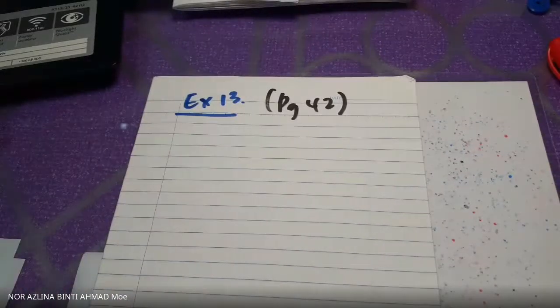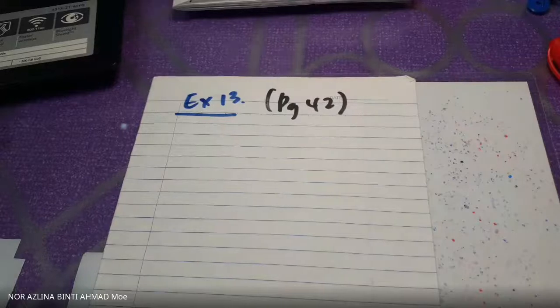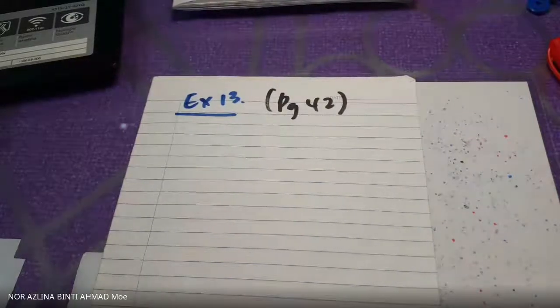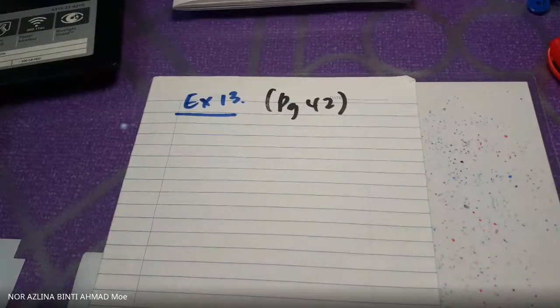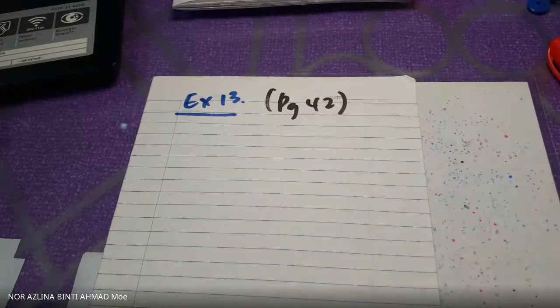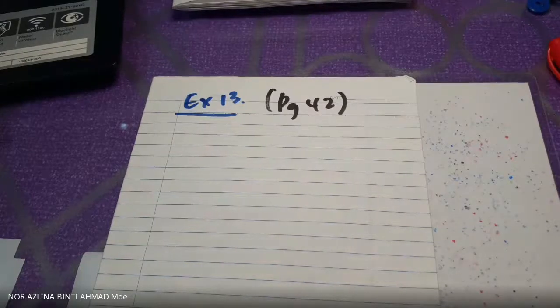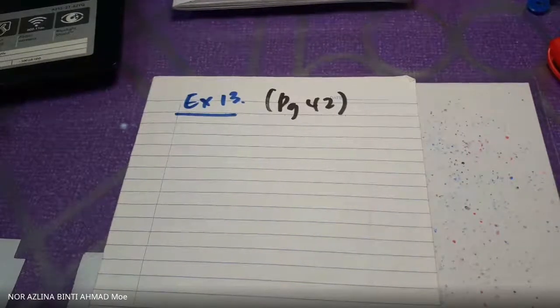Or before that, if you look at page 41, you can double check your answer using calculator. So how to use calculator? You can check at page 41. You can study smart technology. Okay, the blue box, page 41. You can check your answer using calculator.